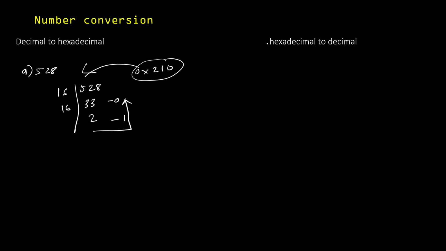Now let's do hexadecimal to decimal. Let's take one example, say 912. To convert it, we are going to use the same approach. First, let's write the positions 0, 1, 2. Now 9 into 16 raised to 2, plus 1 into 16 raised to 1, plus 2 into 16 raised to 0.